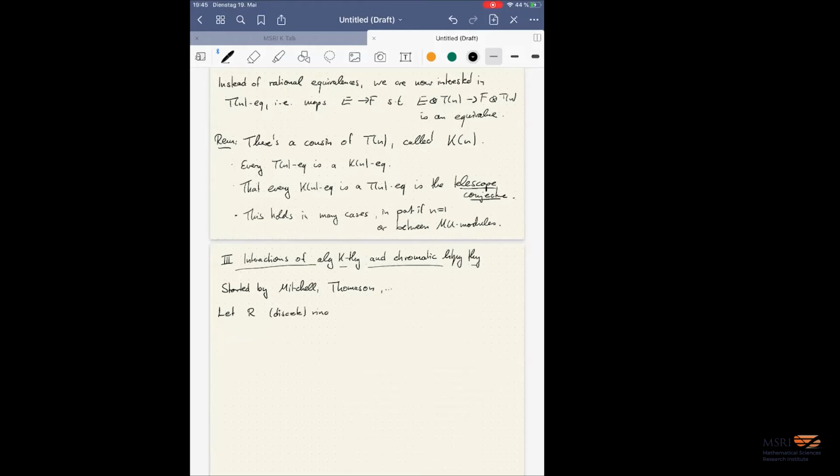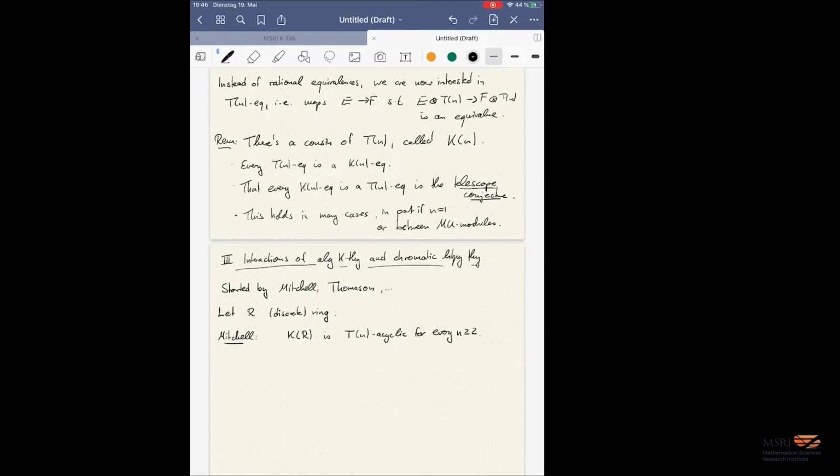So one thing I want to say is, say R is a discrete ring, so not a ring spectrum, but just a usual ring. Then Mitchell has shown that the K-theory of R is Tn acyclic for every n bigger or equal to 2.